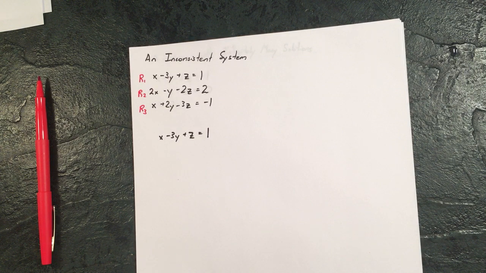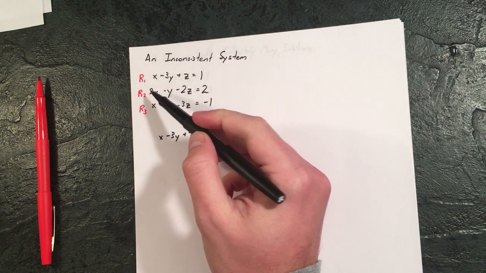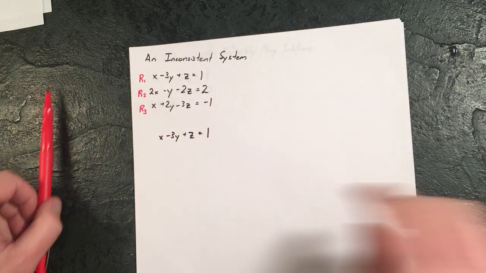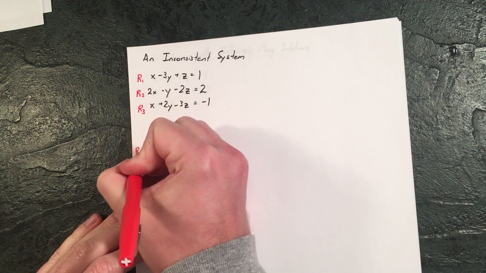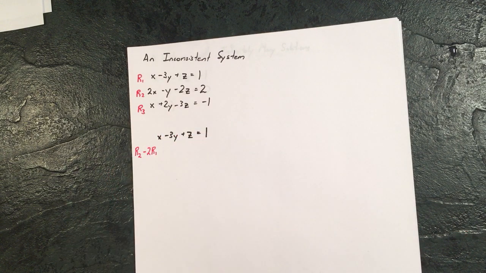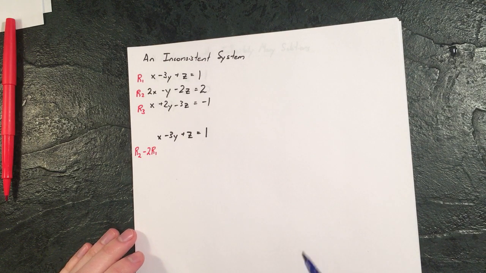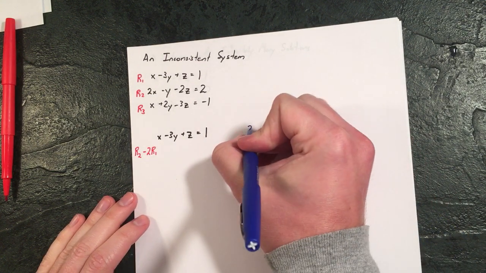Next thing we're going to want to do is make that a 0 and make this one a 0. So for the next line, we need row 2 minus 2 of row 1. Yet again, you can do this in your head. If you're not comfortable with that, writing it off to the side is fine.